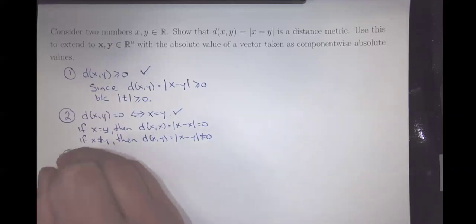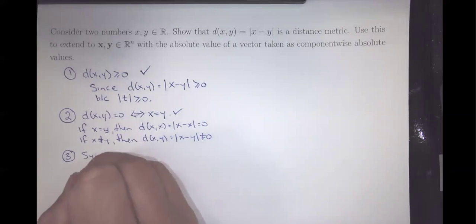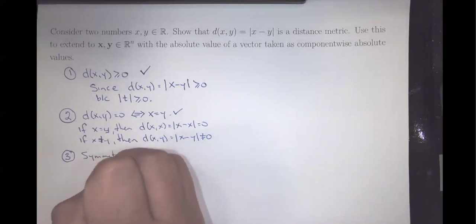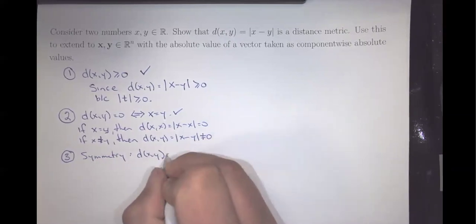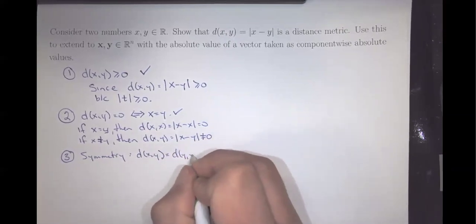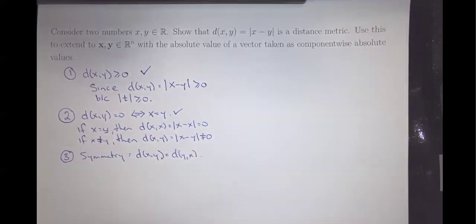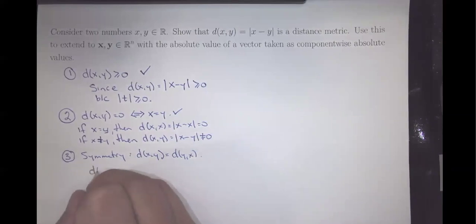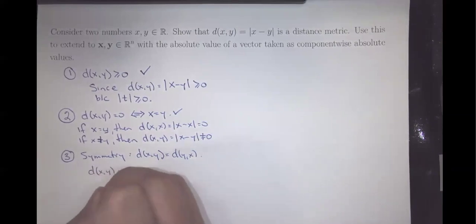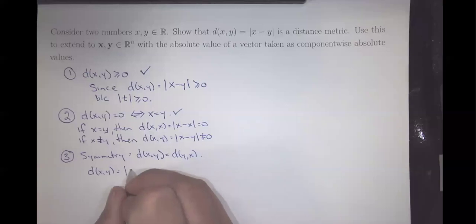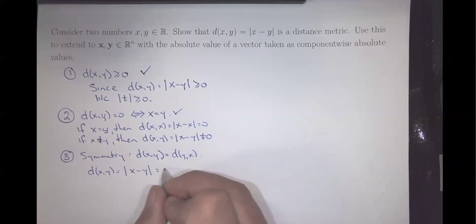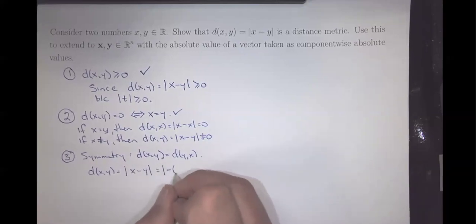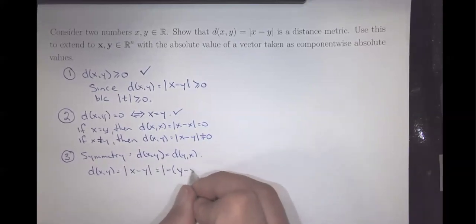Property 3 is symmetry. That the distance between x and y is equal to the distance between y and x. Well, the distance between x and y is equal to the absolute value of x minus y, which we can rewrite as the negative of y minus x.